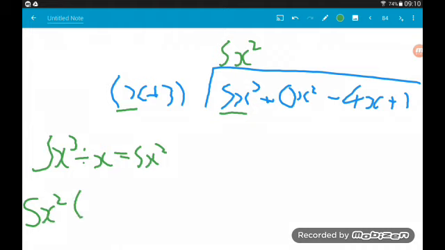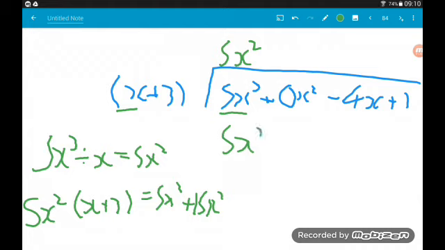So 5x squared times x plus 3 is 5x cubed plus 15x squared. We write that underneath: 5x cubed plus 15x squared.